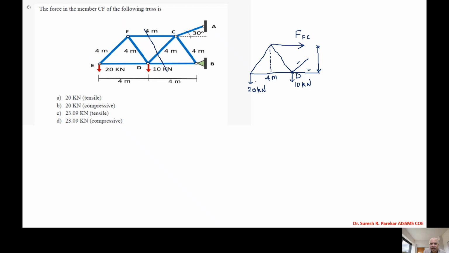So now this angle we have 60 degree, because all sides are given 4, 4, 4. So it is an equilateral triangle. And so we are going to get this distance as 2 meters. So we will get this vertical distance, and that is equal to 4 sine 60.